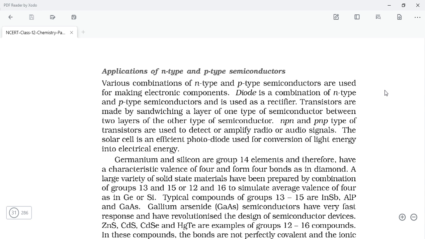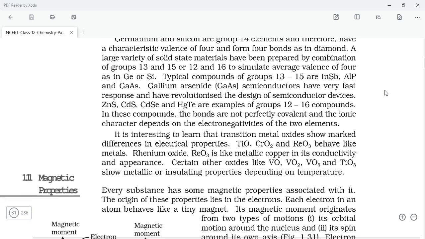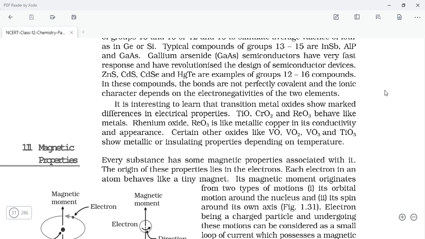Typical compounds of group 13 and 15 are InSb, AlP, aluminum phosphide, and gallium arsenide. GaAs semiconductors have very fast response and have revolutionized the design of semiconductor devices.